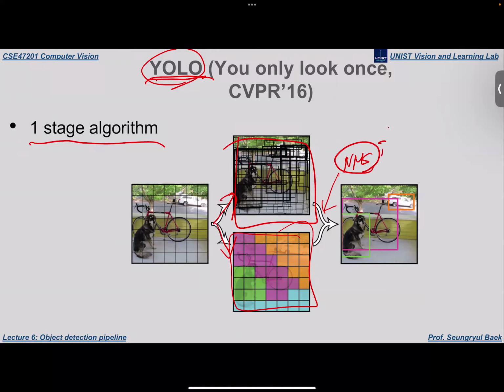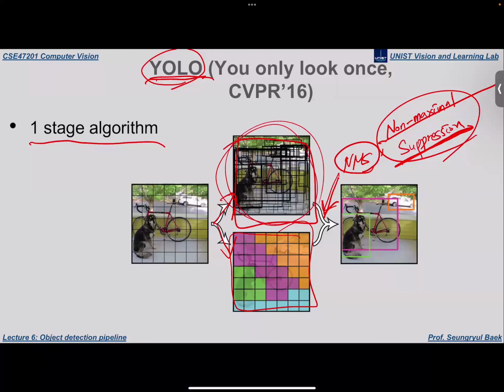This is the non-maximal suppression algorithm. The name is quite intuitive: they suppress the non-maximal bounding boxes, so they remain only the maximum bounding boxes. This is the post-processing approach.